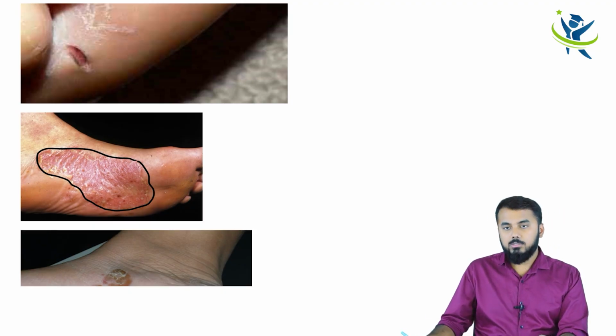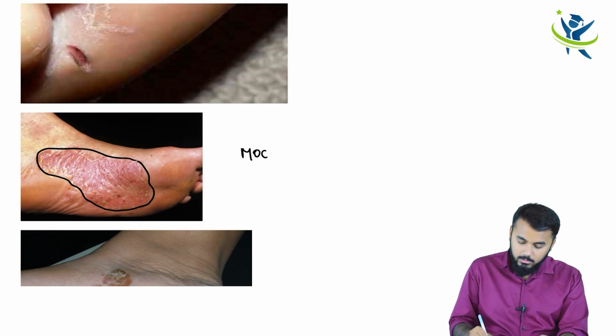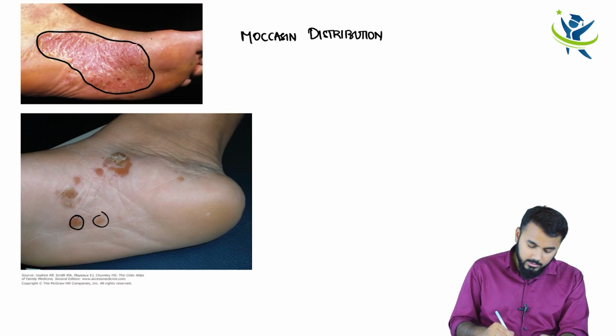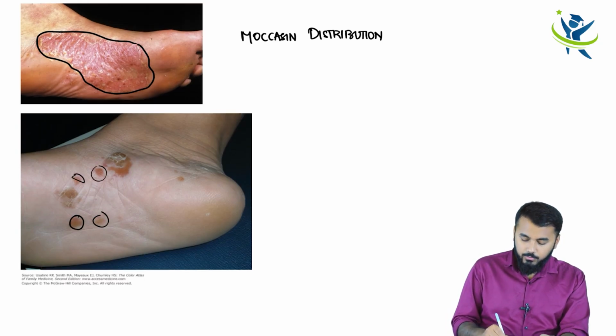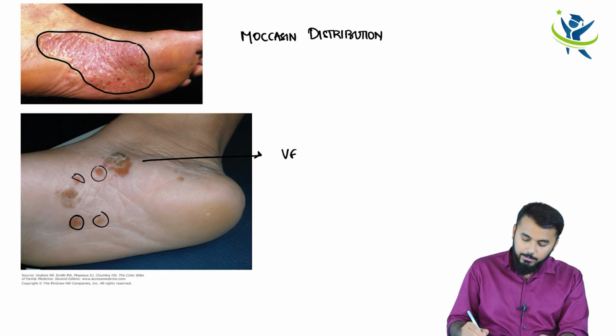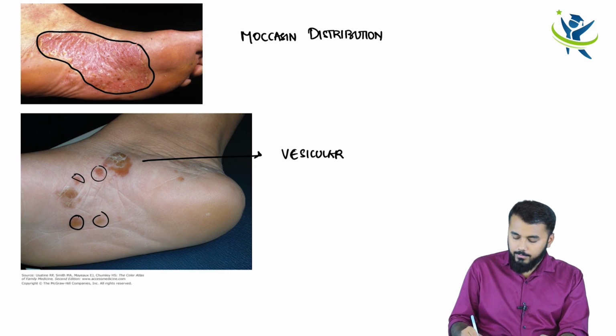So this is called moccasin distribution. And finally, we have vesicles on the foot. You see small round vesicles. These vesicles on the foot are called the vesicular type of Tinea pedis.